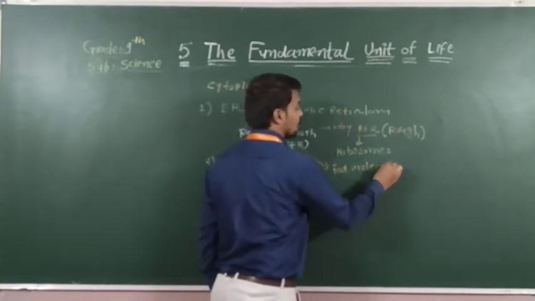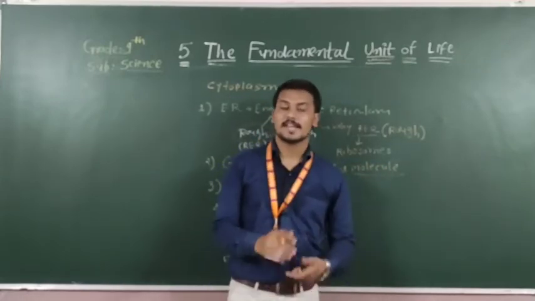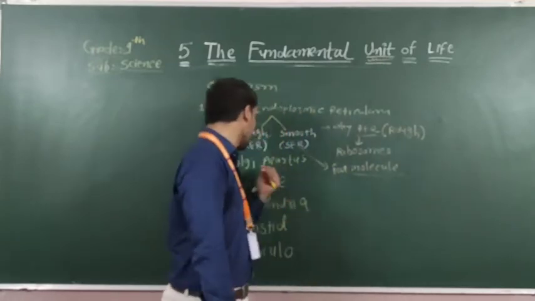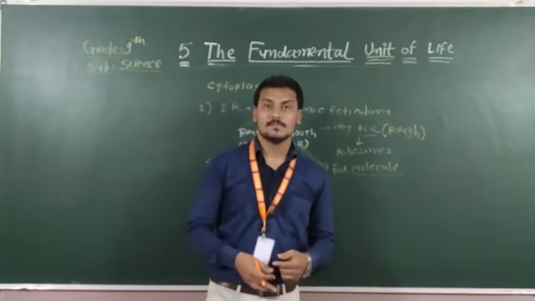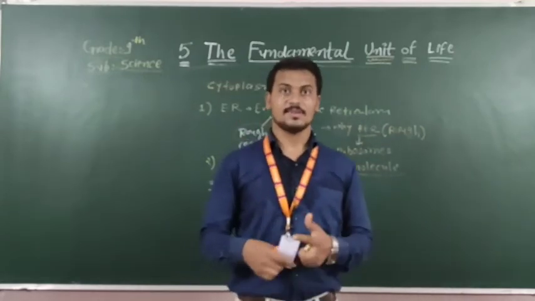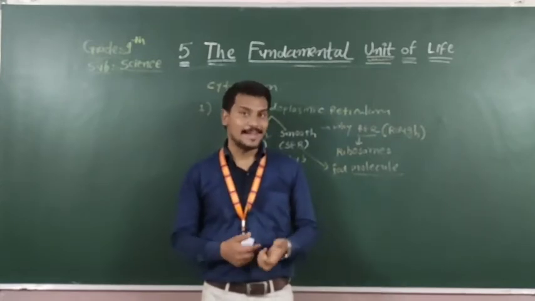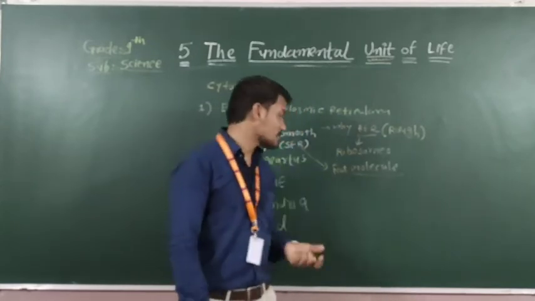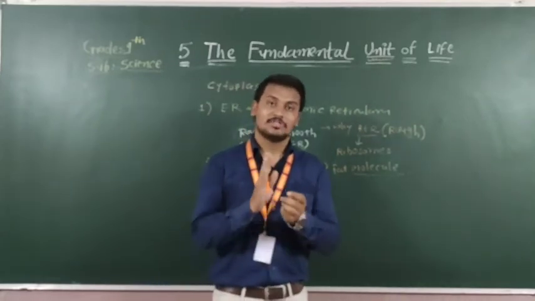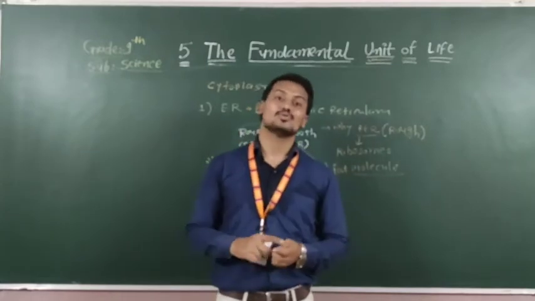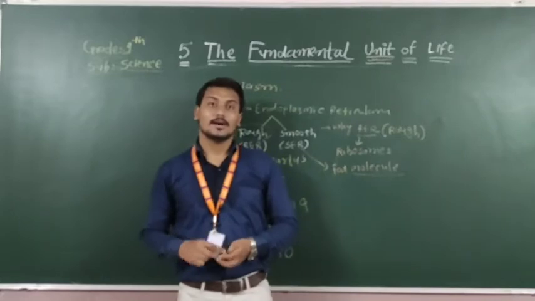After manufacture, all of these things are transported to the Golgi apparatus, if some cell is deformed or needs repair or is damaged. The Golgi apparatus packages everything and creates a particular product, which is then transported to the lysosome.